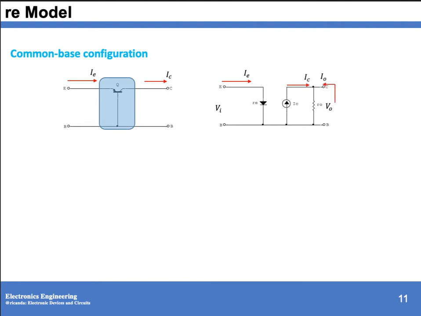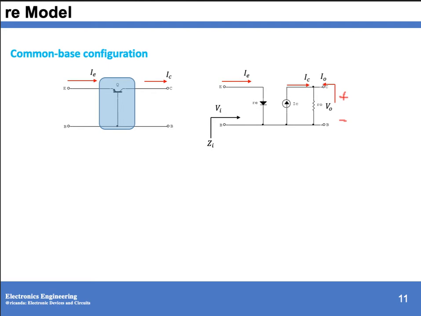And this is your I_o, which is in opposite direction with your I_C. And also your I_o is in opposite polarity with your voltage V_o. So this is positive for our V_o and this is negative for our V_o. Then your I_o is in reverse polarity with your V_o. So this is our input impedance.